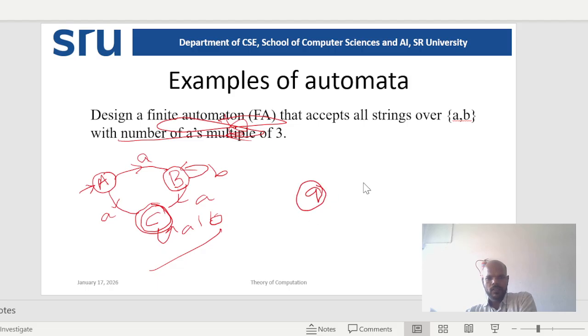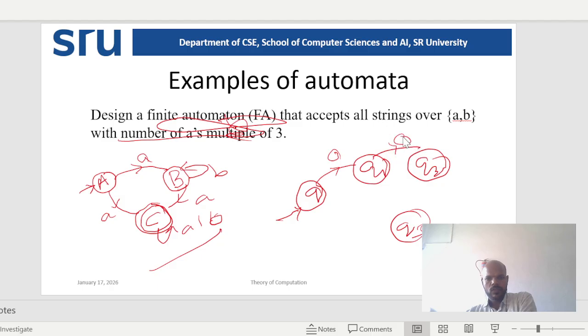I'll write one more: Q0, Q1, Q2, Q3. Q0 is the starting state, with 0 transitions. Make this a final state.